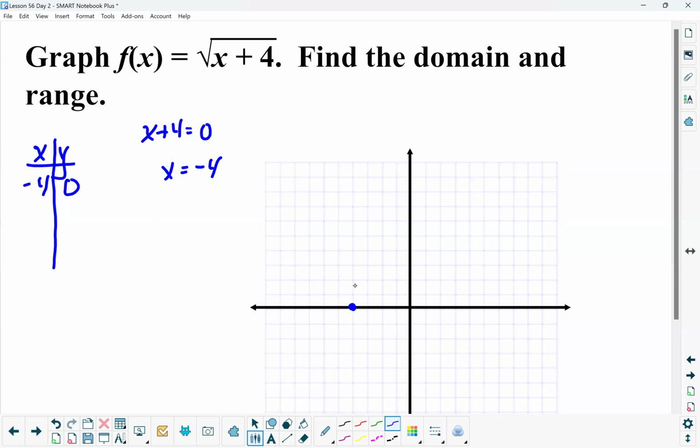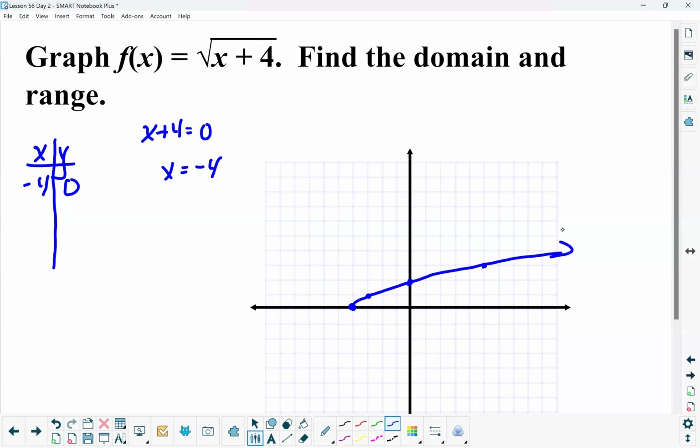Again, you have your choice now. You can pick values to plug in, or you could use the pattern. If I use the pattern, I go up 1, right 1, up 1, right 3, up 1, right 5. If I had room, I could go up 1, right 7. I just don't have enough room.